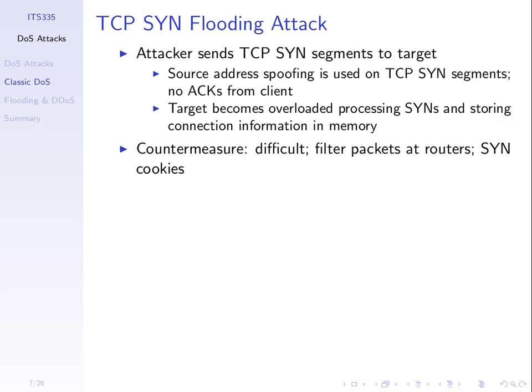But if the source address was a fake address, that SYN ACK response goes to someone else and there's never going to be a final ACK coming back. So what happens at the target web server is it becomes overloaded processing SYNs and storing connection information. Every one it receives, it allocates a little bit of memory, and if it receives millions per second, then it allocates a lot of memory, and therefore no more memory will be available for the subsequent SYN messages.